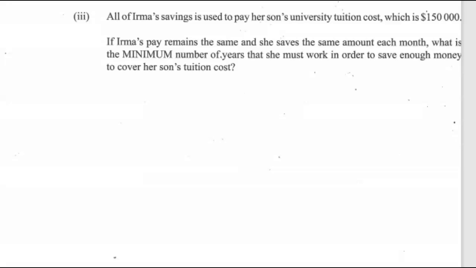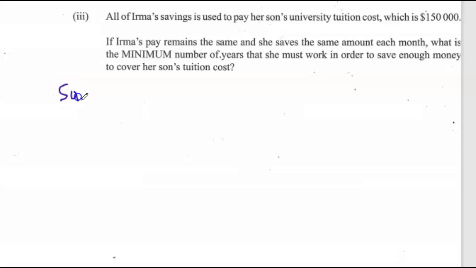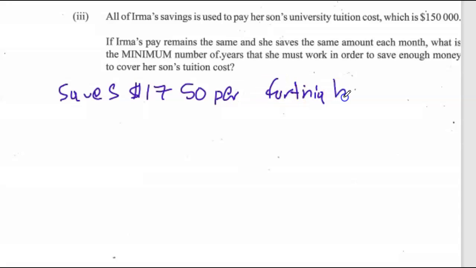Now, recall from the table that Irma saves $1,750 per fortnight, sorry, which is every 2 weeks. And remember, we're told that there are 26 fortnights in a year.